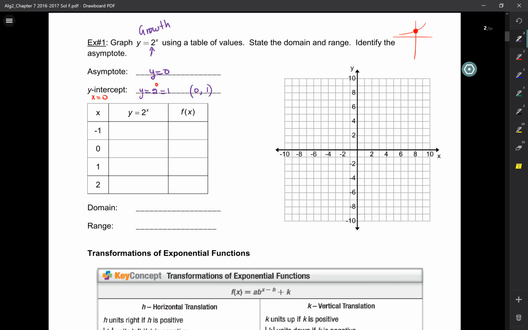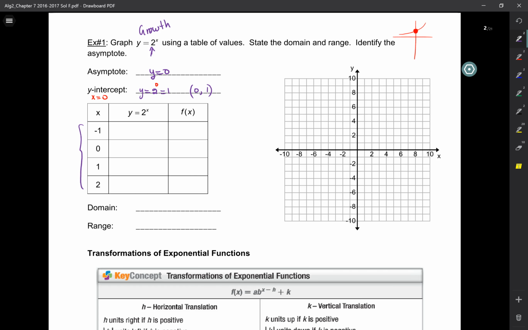All right, now, we said that this was growth, right? So to pick points, when it's an example of growth, I always like to pick these values, -1, 0, 1, and 2. Now, you can pick any values for x that you like. This is just a preference. The reason why I pick these is because these give me relatively manageable numbers to work with.